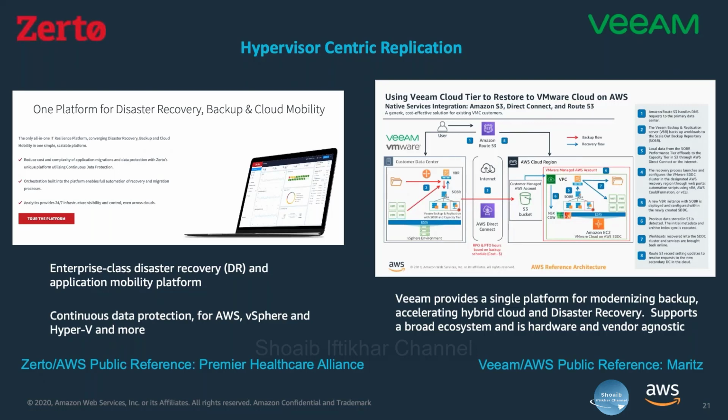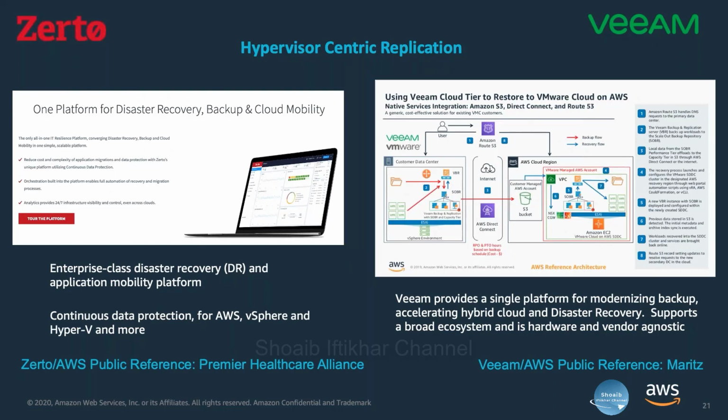The Zerto platform is based on a foundation of continuous data protection, replication that brings together disaster recovery, data protection, and orchestration into a single pane of glass with support for any combination of on-premise and cloud-based environments. It replicates at the hypervisor layer, leveraging the I/O virtualization inherent in vSphere and Hyper-V, and it replicates directly to S3.